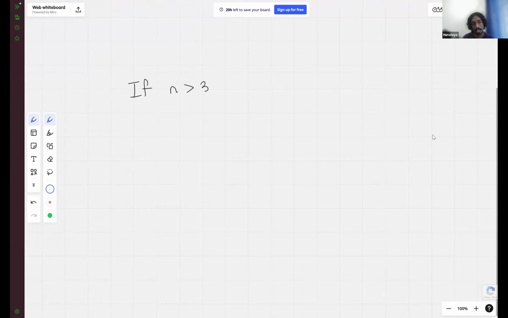If n is greater than 3 and odd, then it's n minus 1, and if n is even, then it's n. Right? Yes, sir. n denotes the number of spaces between those two knights.